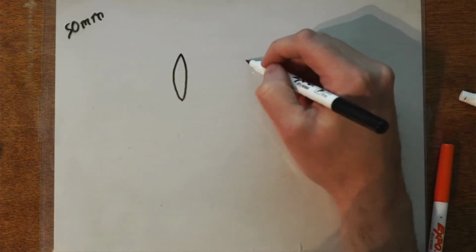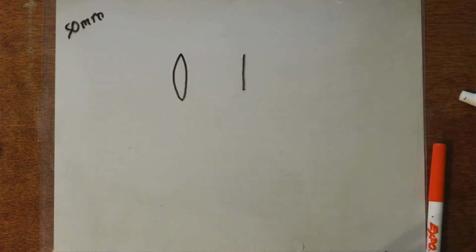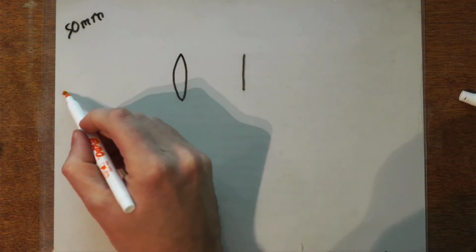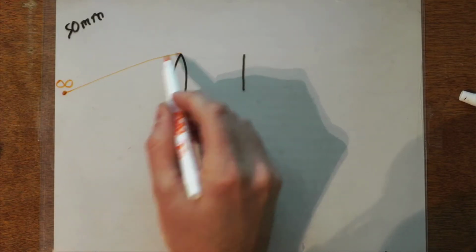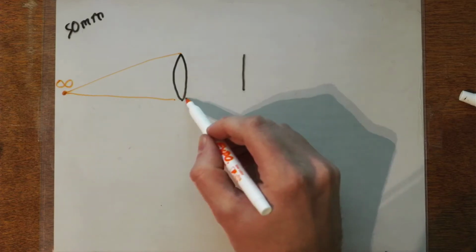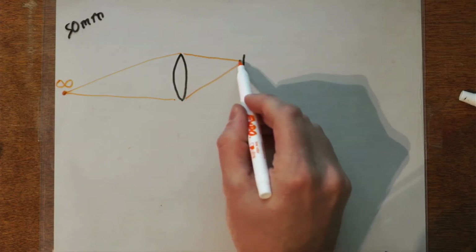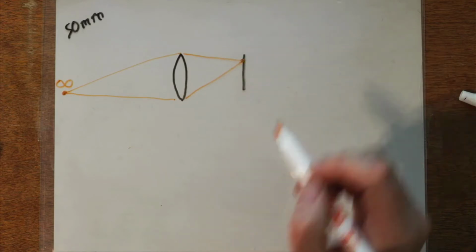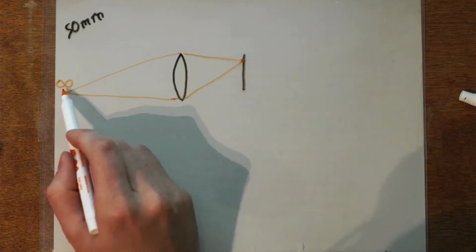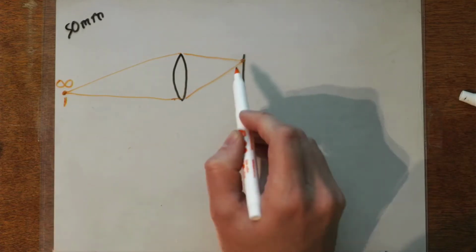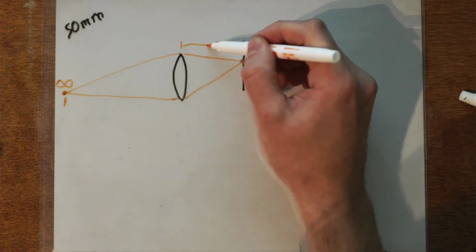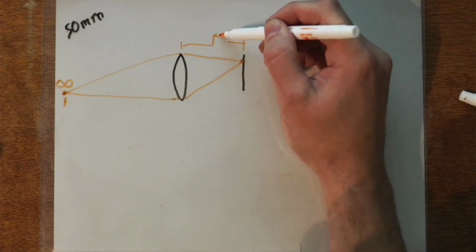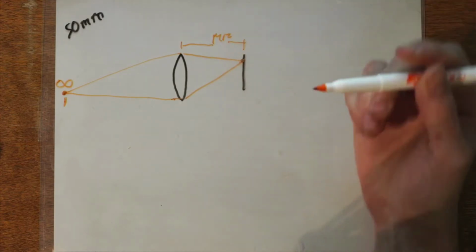is how far the lens is from the sensor when an object at infinity is in focus. Our perfect little focus spot, when an object at infinity is in focus, this distance is the millimeter range of the lens.